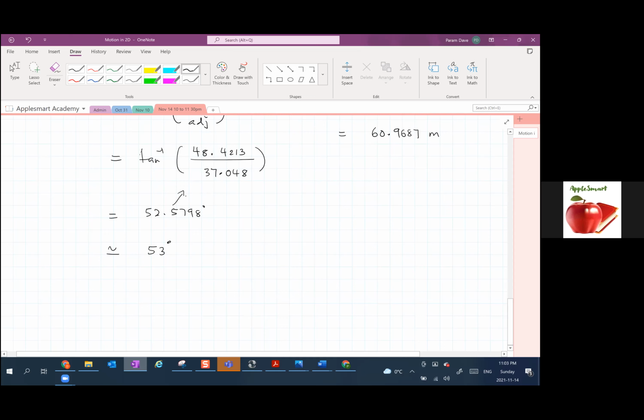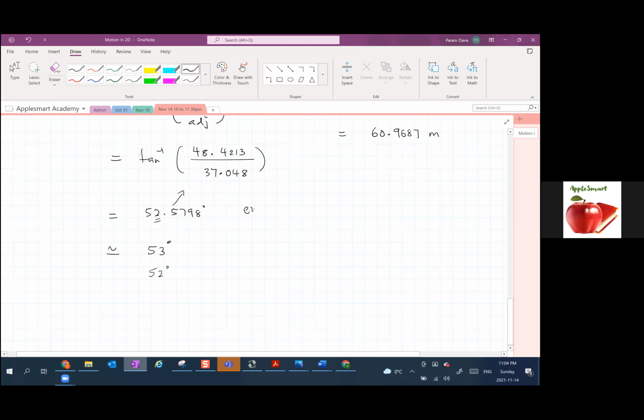Usually if the dropped number is 5 and the very next number is even, you leave it as 52. But if it is odd, then you bump it up. So either 53 or 52, that really depends on what you are doing in your other courses, like in chemistry.